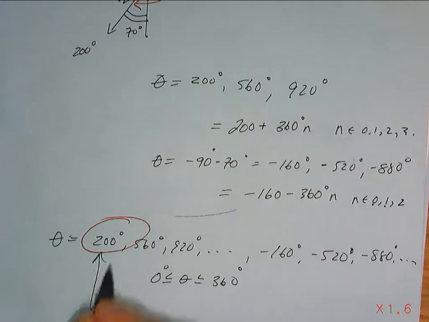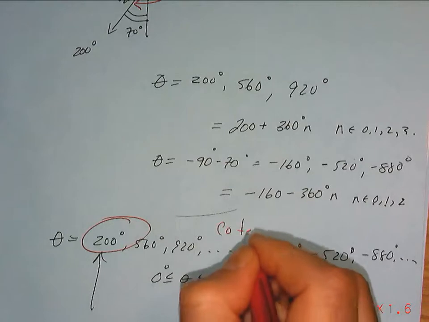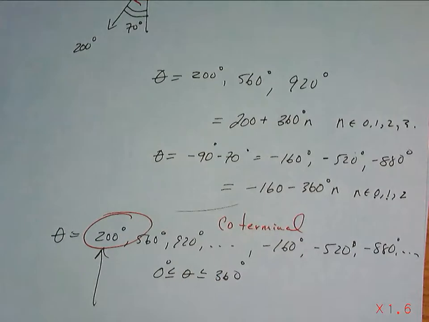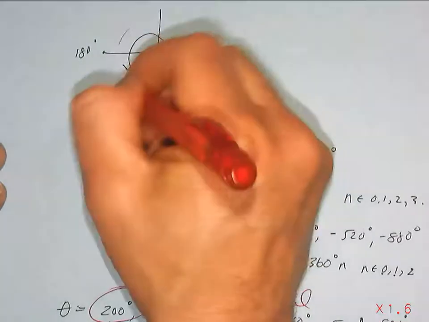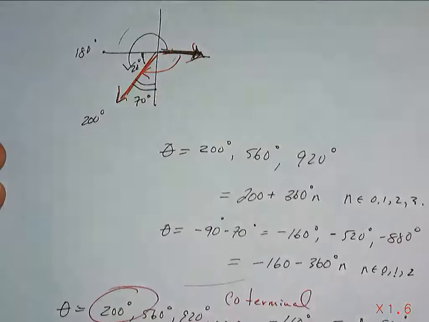So this is what we call the principal angle, and all the rest get called coterminal because they share the same terminal arm as 200 degrees. They're all going to end up here from here. It just matters how many times around we go.